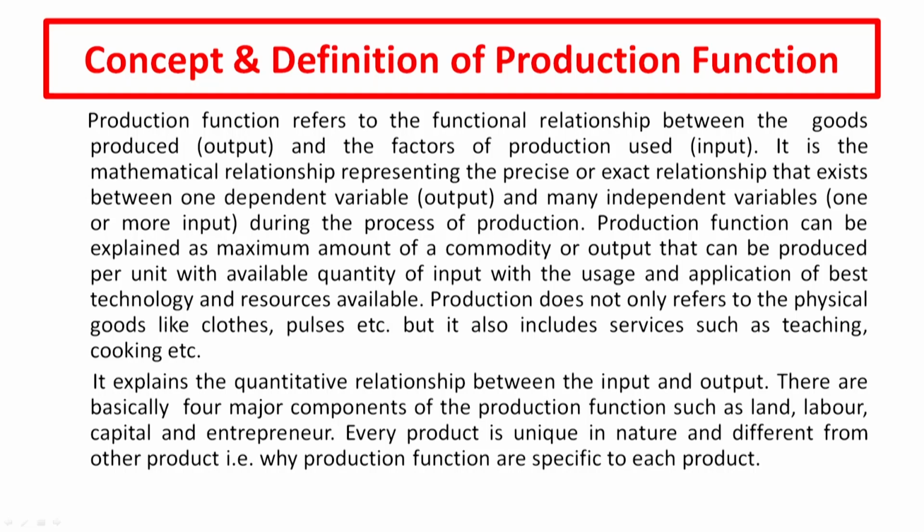Production function refers to the functional relationship between the goods produced and the factors of production used. It is a functional relationship, meaning the output is directly proportional to the input. That means your input will decide what your output will be.